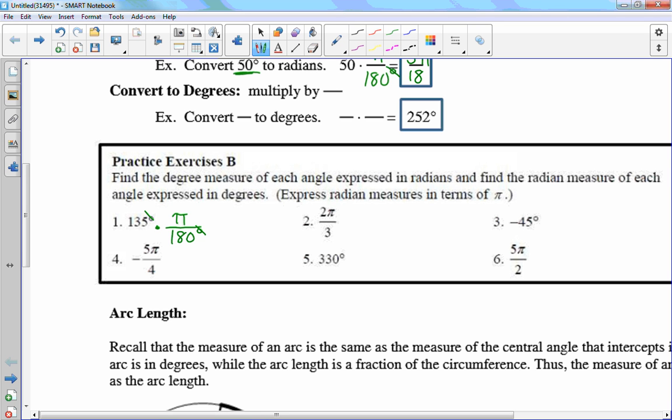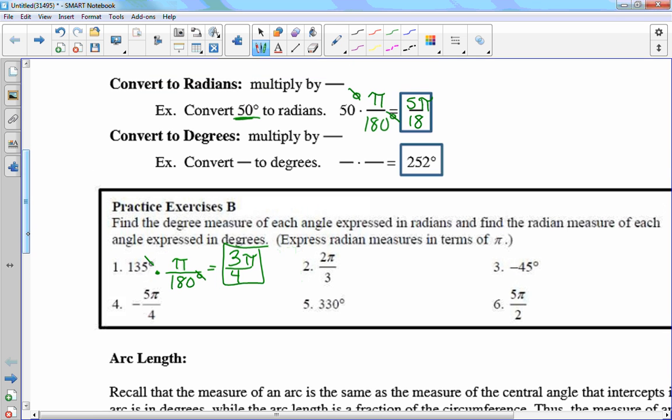What's the fraction? Good. Okay, so Gerardo got 3/4. So we just fix the pi with the 3. It's called 3 pi over 4. That's the radian equivalent. 135 will always be 3 pi over 4.